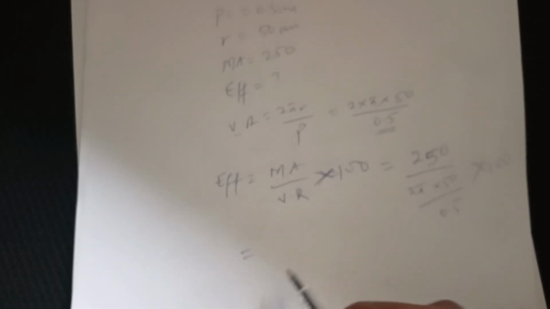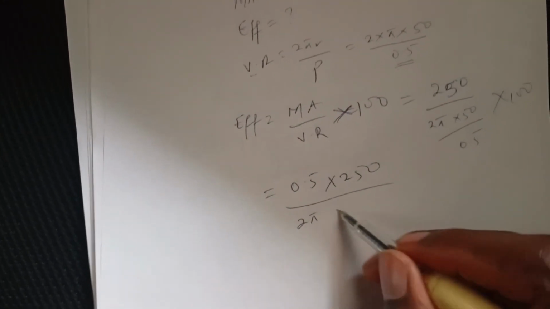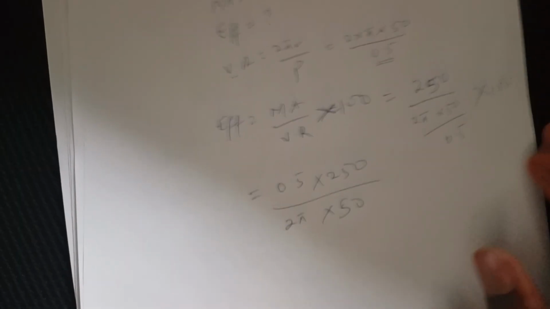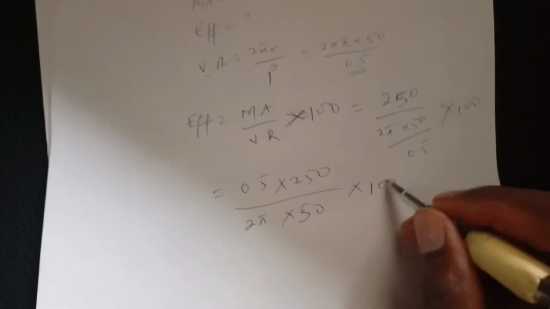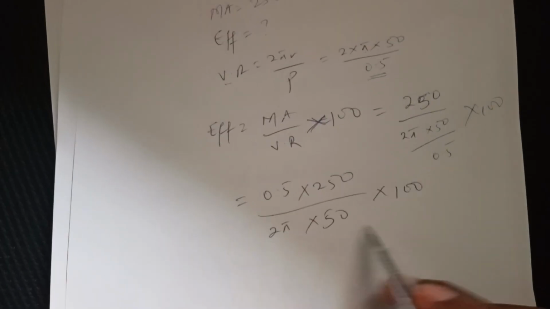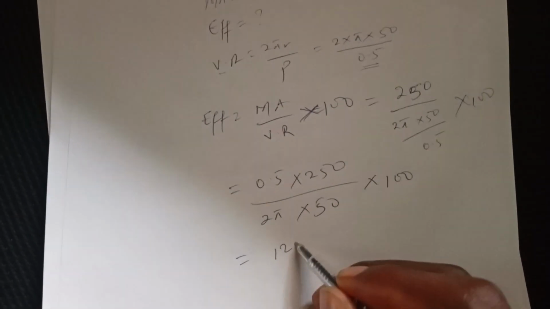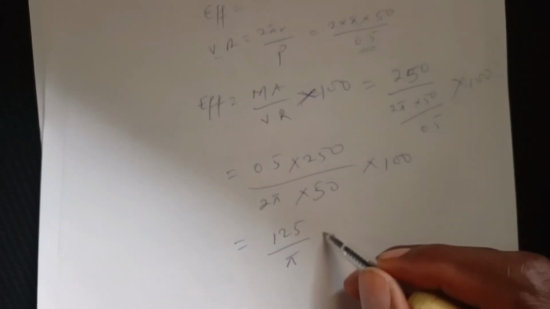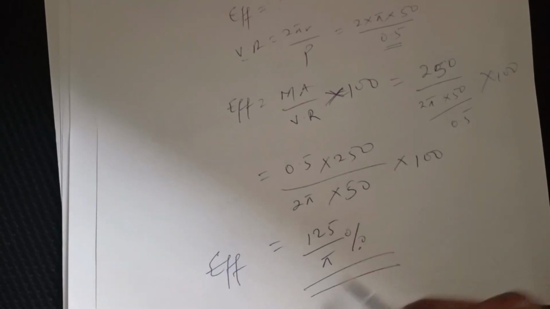To get this, you see the same thing by saying 0.5 times 250 over 2 pi times 50, times 100. It's just simple mathematics. If you multiply this together, it results in 125 over pi percent. Don't forget the unit for efficiency is percentage. So you get this.